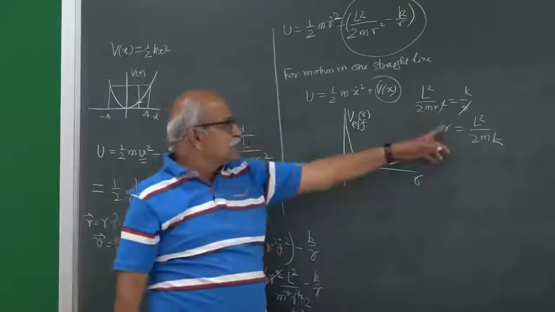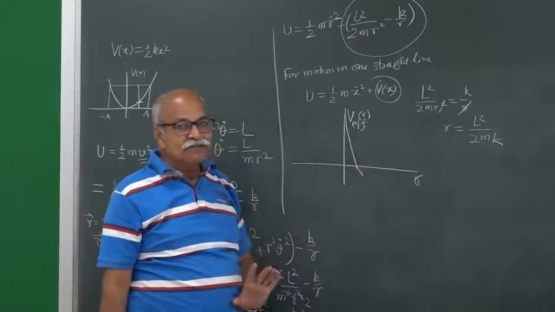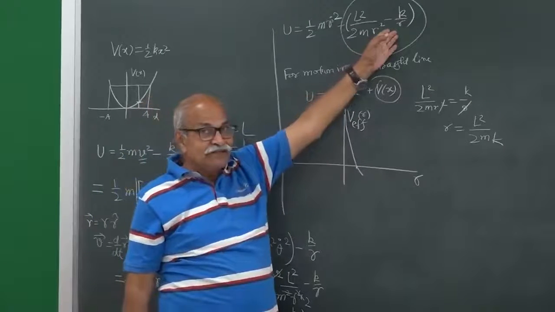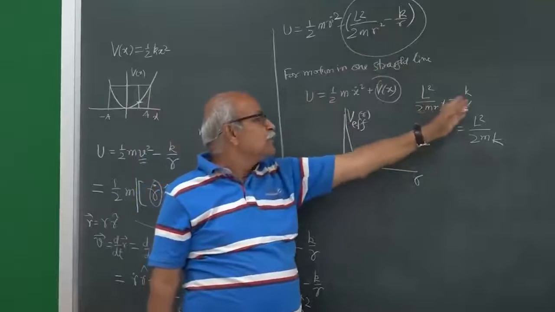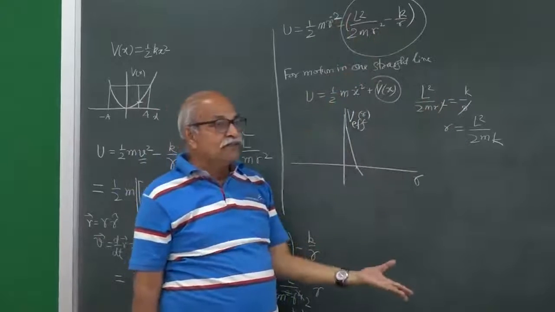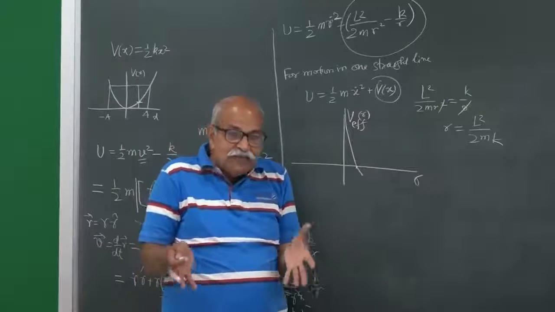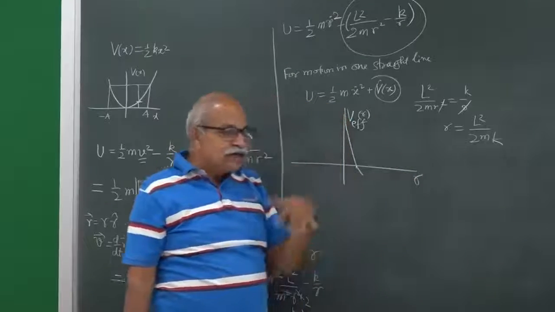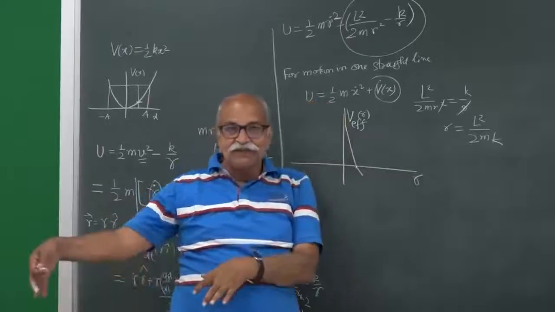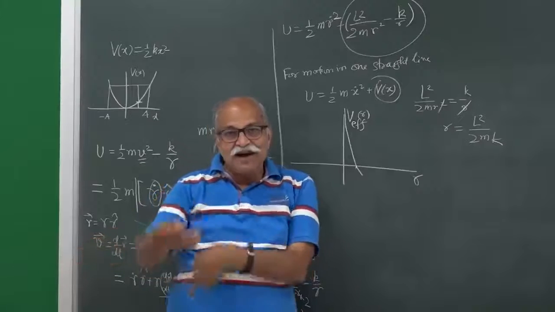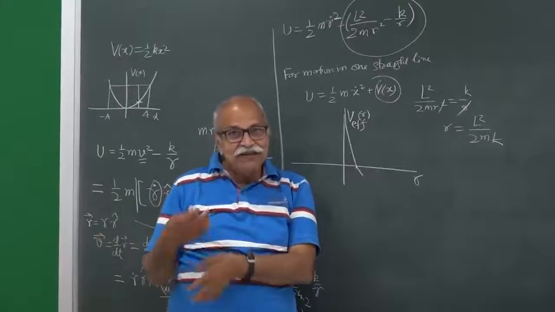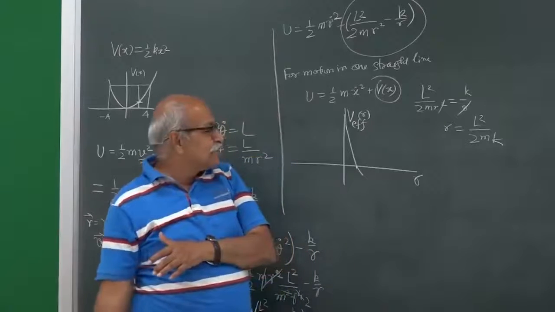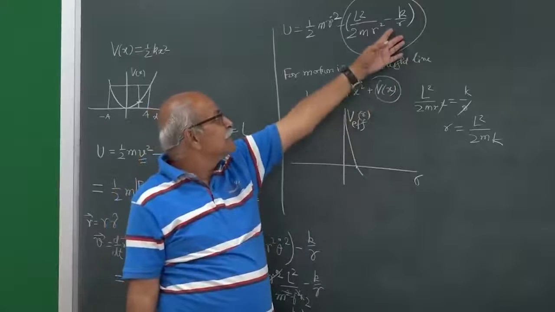Now, the 1 by r term will start dominating. These two terms are now equal, and after that 1 by r is becoming smaller as r is going bigger, and if 1 by r is small, 1 by r into 1 by r is still much smaller, and therefore the minus k by r term will keep dominating.